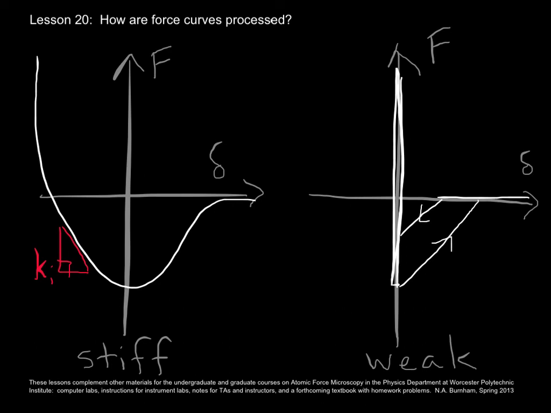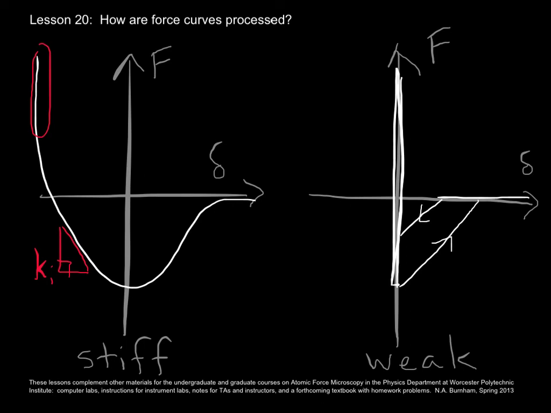Note that that can also happen with stiffer cantilevers. On the left here, I've drawn this such that at the higher loads, we've got also an infinite slope. Basically, infinite meaning infinite with respect to the particular cantilever that you're using.